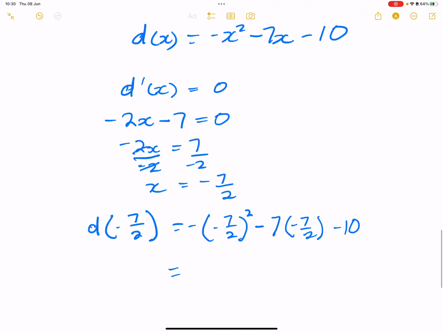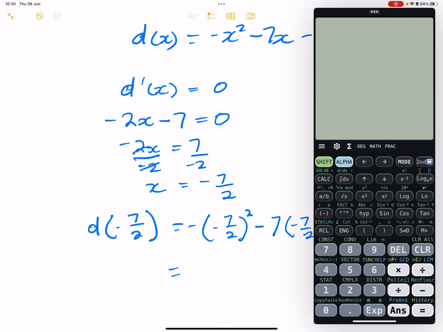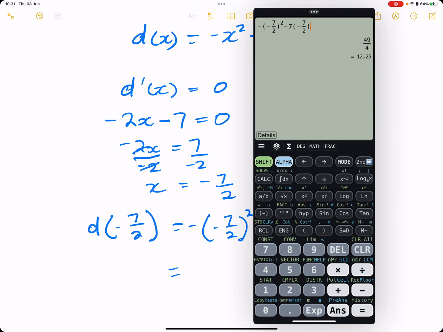Okay, so let's try and work that out quickly. So we've got negative 7 over 2 squared, and we need to square that. Minus 7 into negative 7 over 2, and we said minus 10.